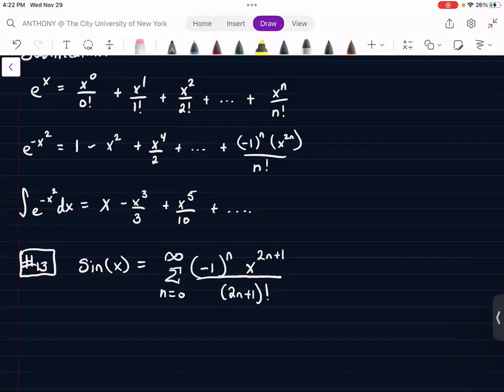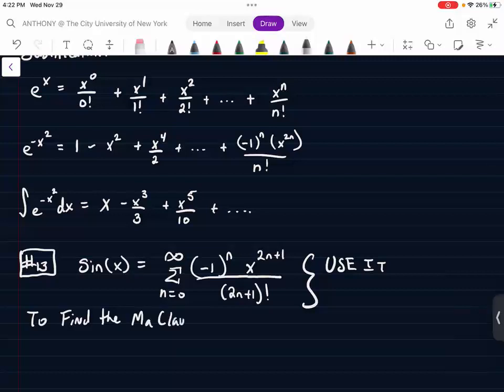So we want to use it to find the Maclaurin series for 3 sine of x over 2.